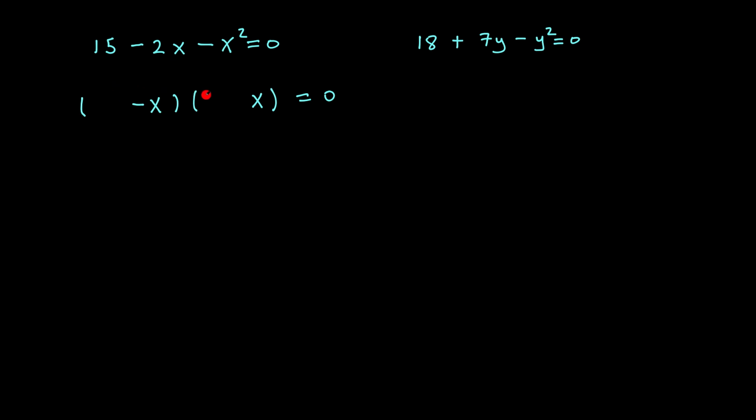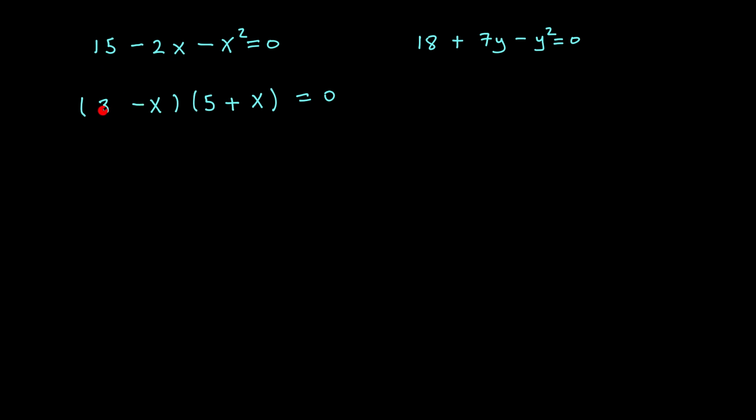Well, if I put my 5, now I need to look at this number here. That's a minus 2x. Now in order to get a minus, I would need to multiply by this minus x. So it must be in this bracket. So I put my 5 here, and I put my 3 here. And let's check this out, and this would be a plus, of course. So 3 times 5 will give me 15.